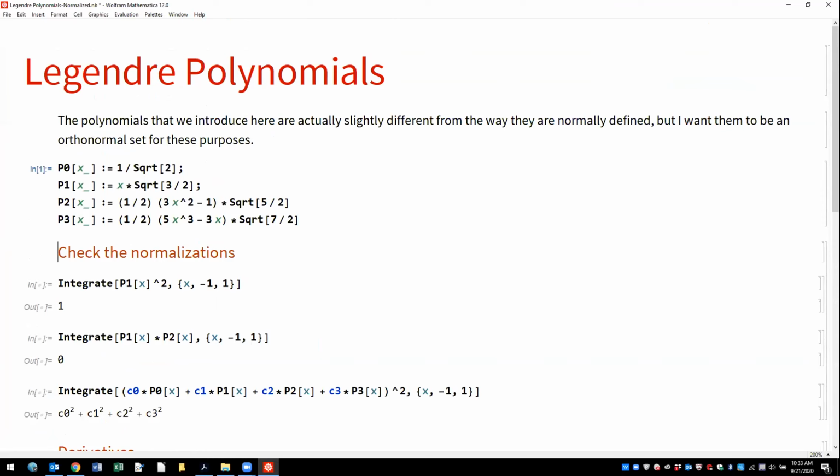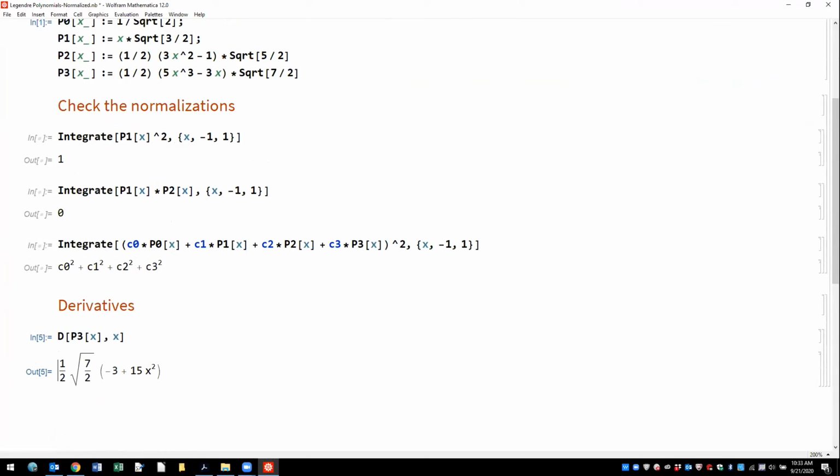We could take derivatives of these functions. The derivative of P3 would be some quadratic function. So it would be some function that I could write in terms of P2 and P0. And you may be thinking, well, wait, it's a quadratic polynomial, and P2 is a quadratic polynomial. Couldn't I just say that the derivative of P3 is P2?